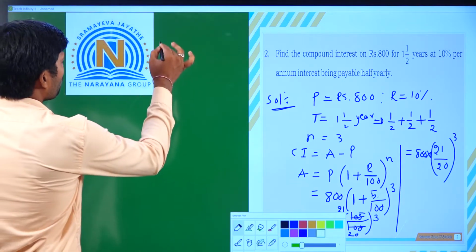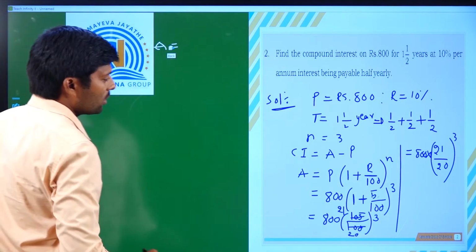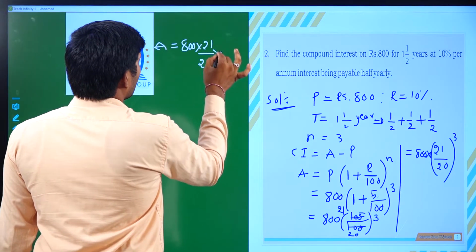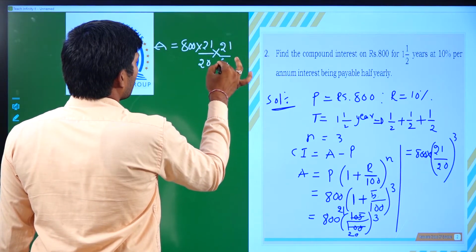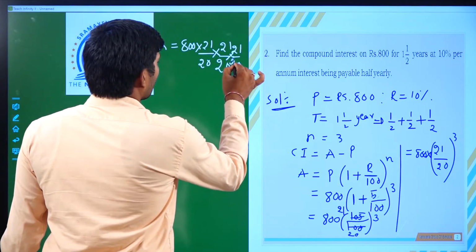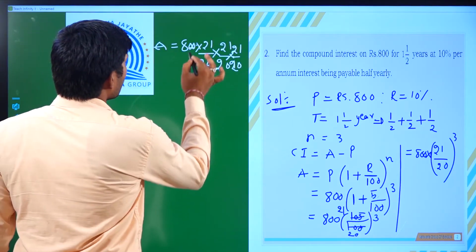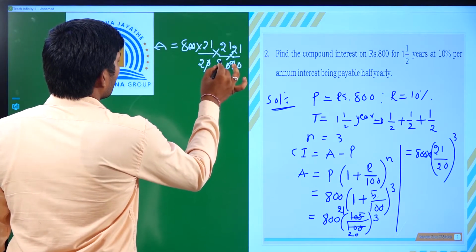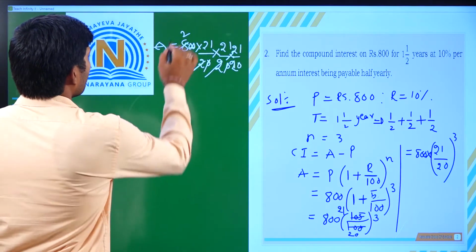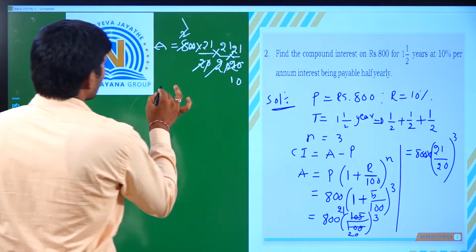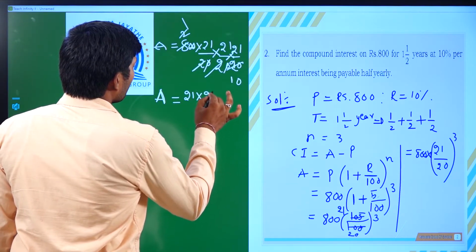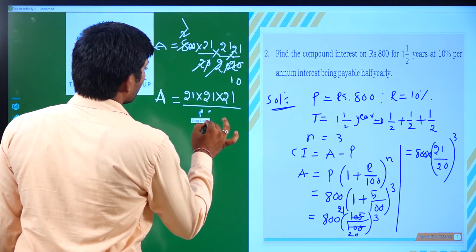That is the amount A is equal to 800 into 21 by 20 into 21 by 20 into 21 by 20. Here two zeros will get cancelled, so the amount A is equal to 21 into 21 into 21 upon 10.